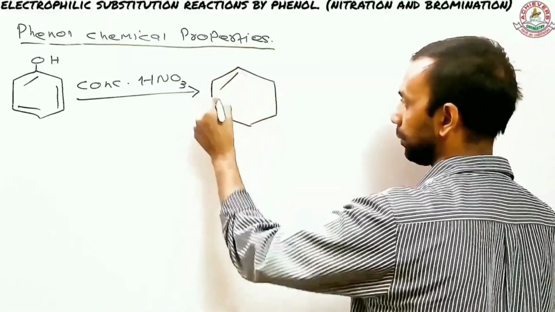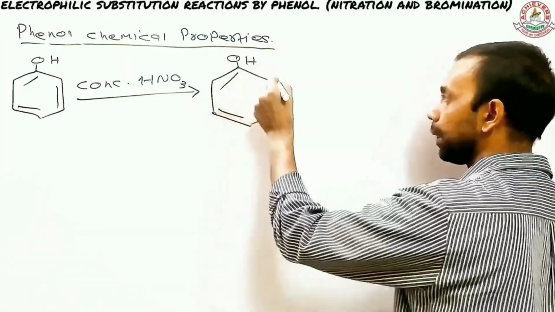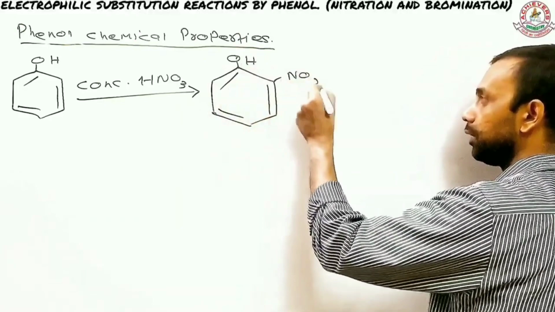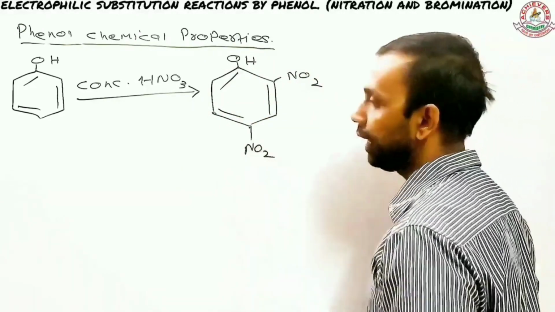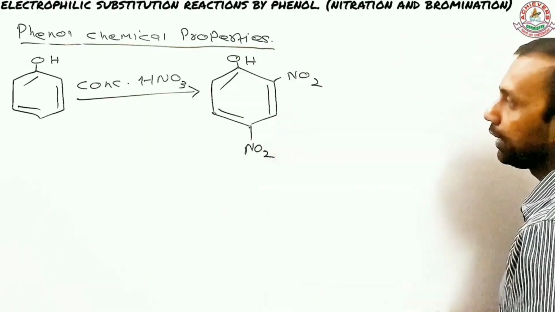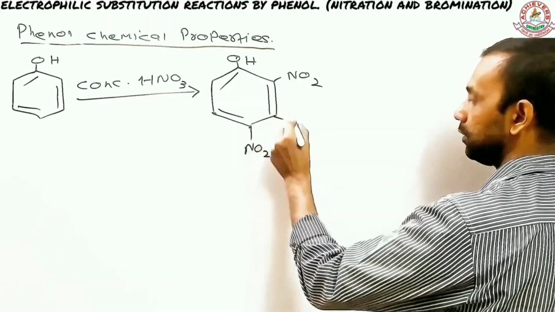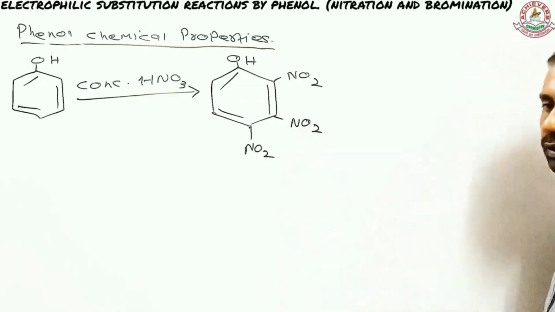So this is what happened. You have this hydroxy group, but you have a nitro group here. The second one is already there, right? And even the meta position, nitro is also occupied.